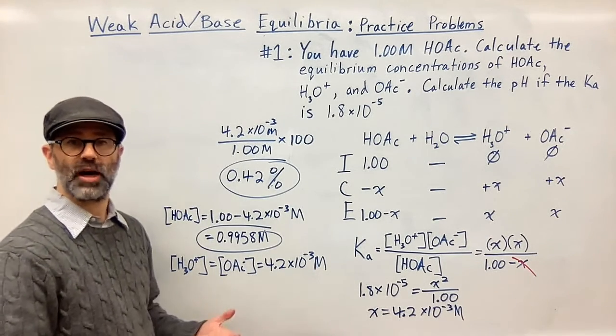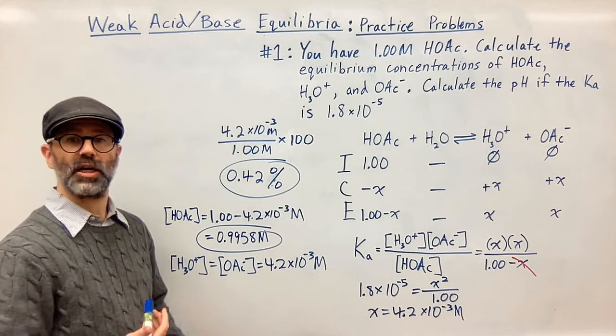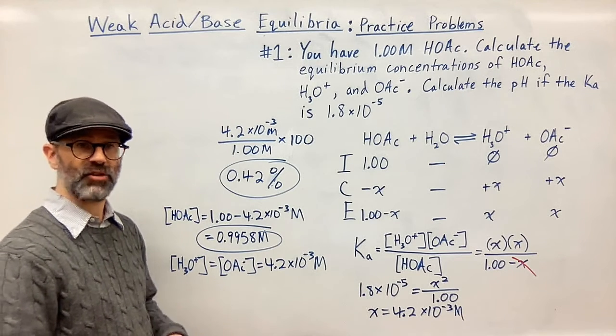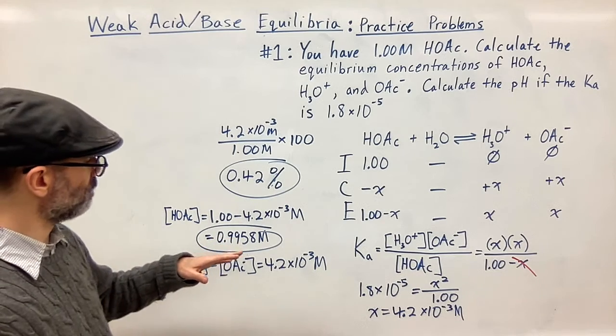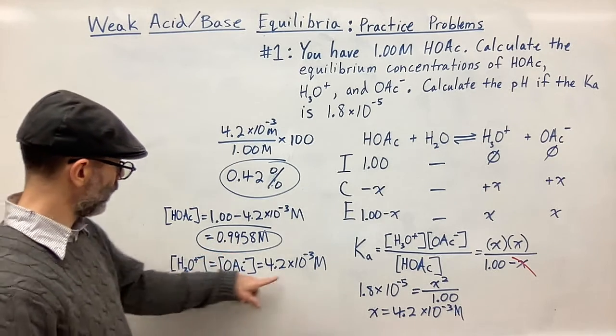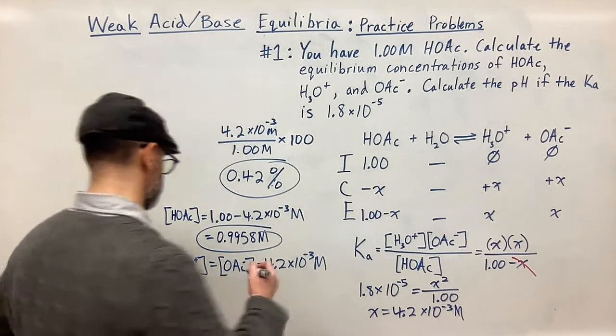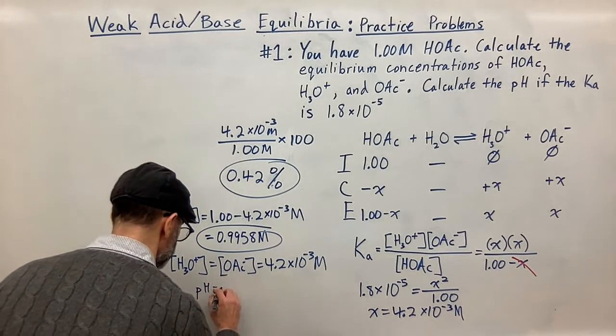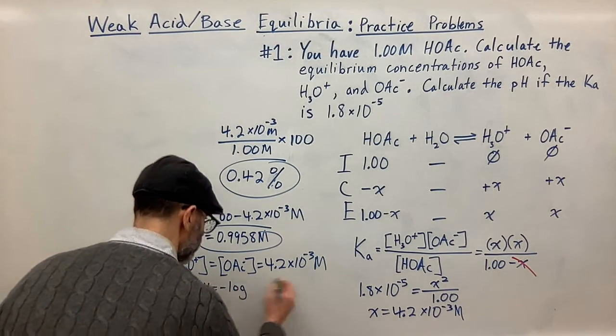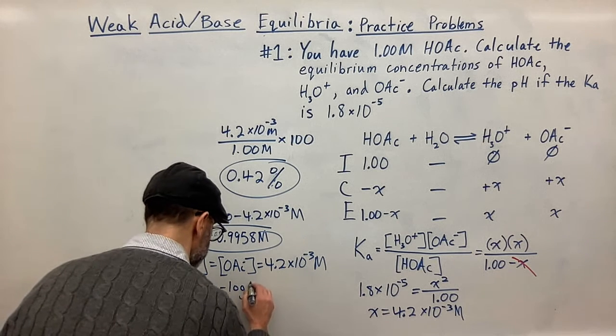And so the next thing is to calculate the pH with this Ka. So the pH is based on the H plus concentration, so all we need to do is take the negative log.